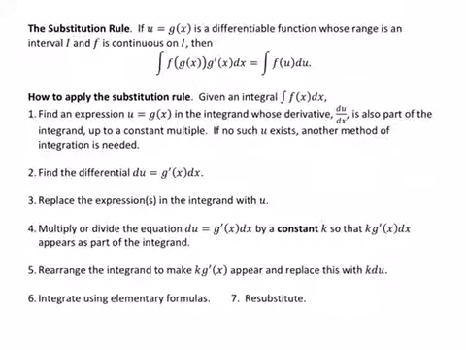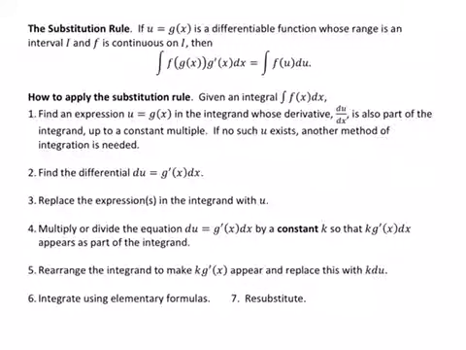Find the differential of that u, and then replace the expressions in the integral with u. Then you multiply or divide your differential by a constant value k, so that k times g prime dx is part of the integrand. It's kind of hard to see right now, but you'll see as we do the examples.